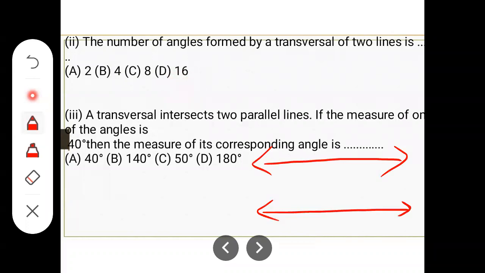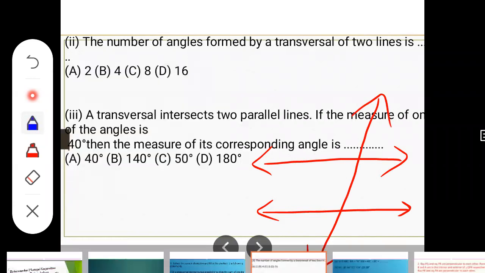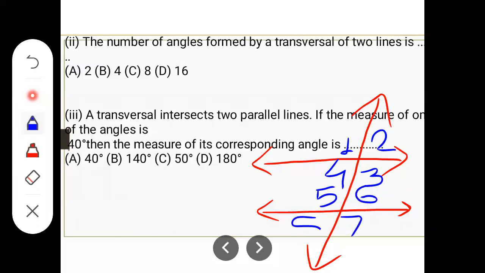Two lines also you can take; it is not compulsory to take the lines parallel. Here the transversal. Now the angles that form, if I write them here, are 1, 2, 3, 4, 5, 6, 7, and 8. So how many angles are formed? That is 8. So the correct option is 8. So you have to write it here.